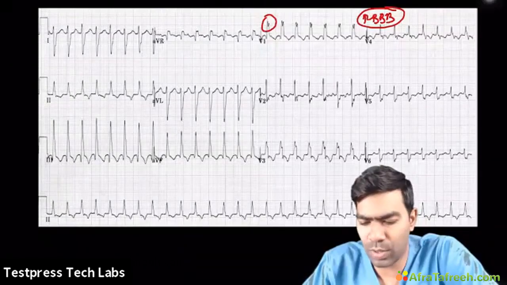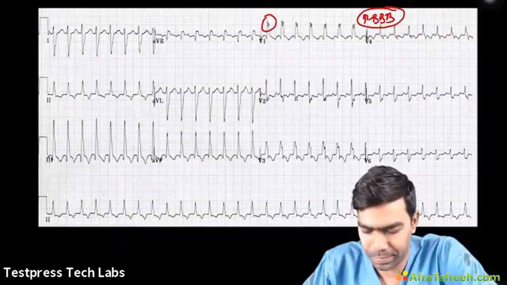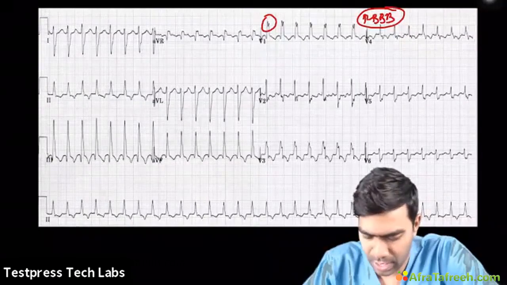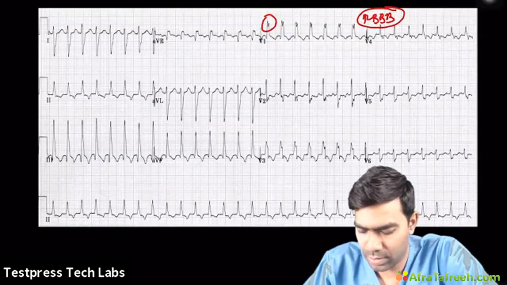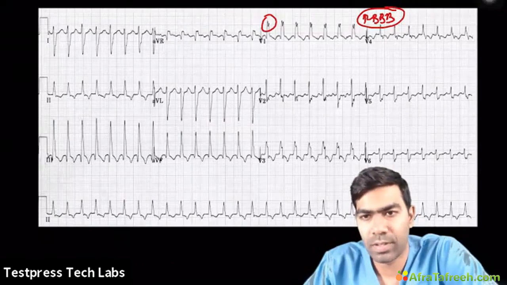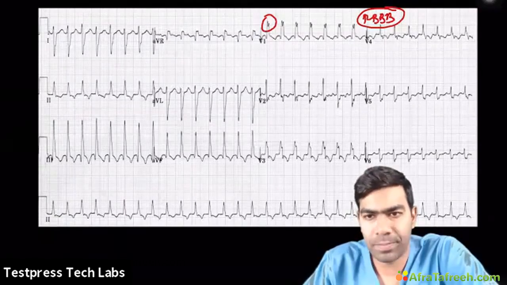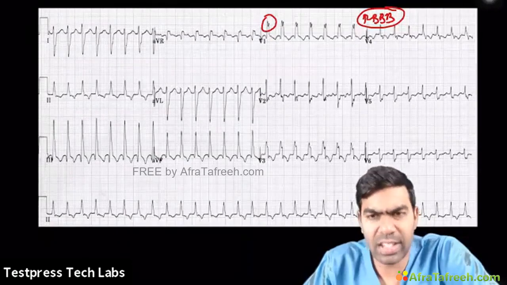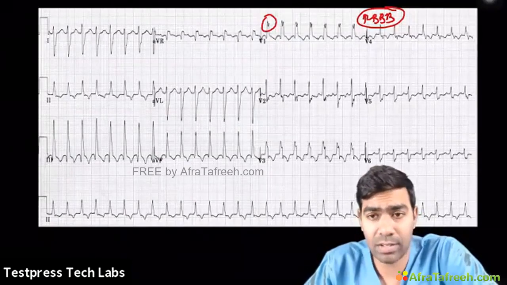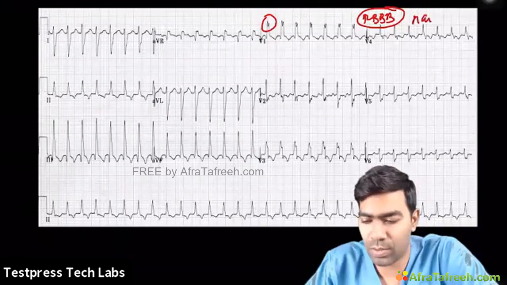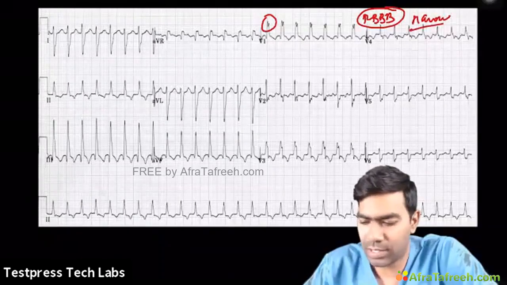But see the QRS. Is QRS narrow or wide? You're having a narrow QRS or you're having a wide QRS in this particular example? Narrow or wide? You really think it's wide? It's definitely narrow QRS only. See some places, like this one, this area.